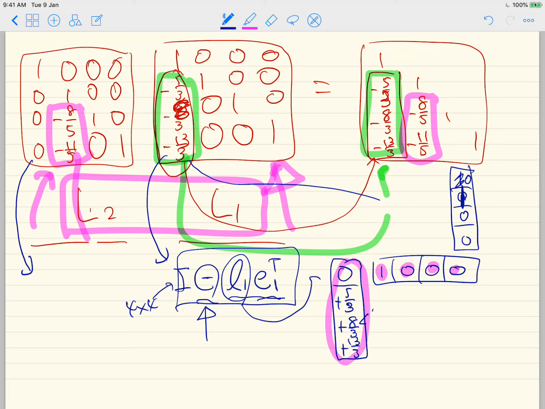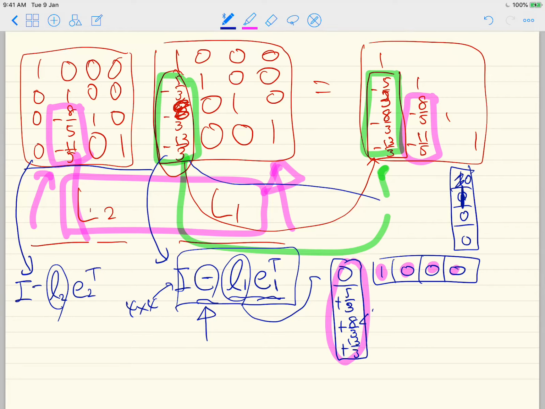We can now represent L1 in this form, and let's also represent L2 in this form. L2 is the identity matrix plus L2 times E2 transpose, and you can now understand what L2 is.